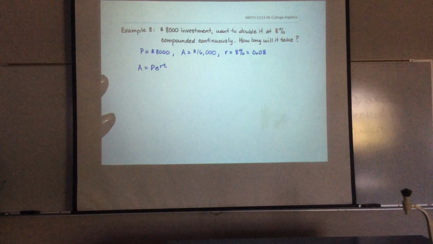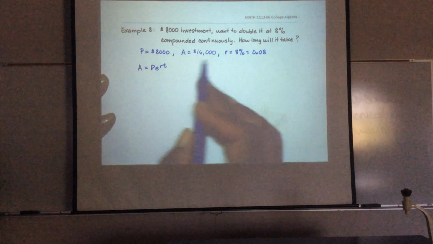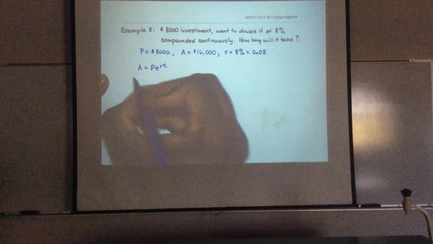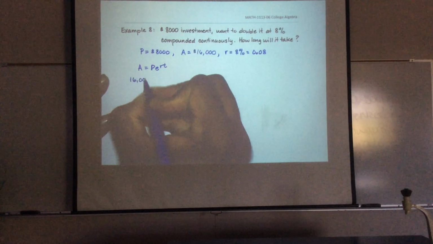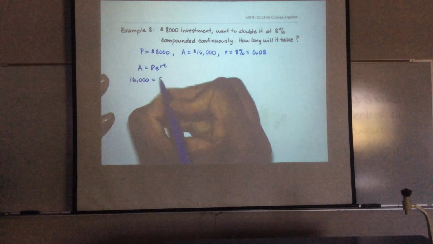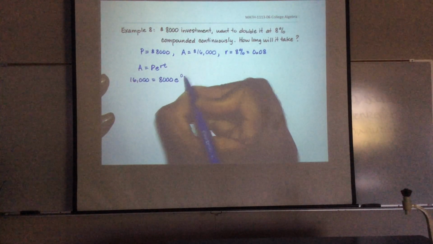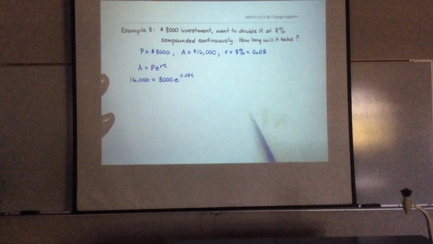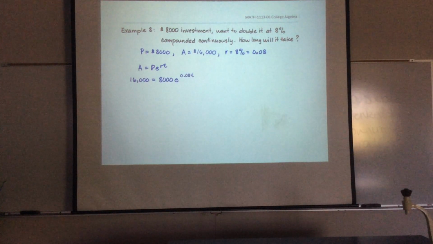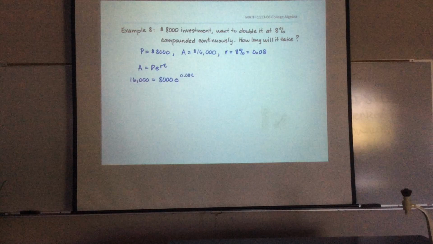Now let's substitute those values into that equation. Here we got 16,000, that's going to be your A, equal to P, that's 8,000, times e to the R, that's your 0.08. T is what we're trying to find. So there's our exponential equation that we have here.